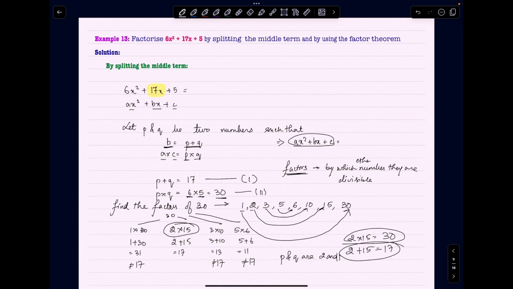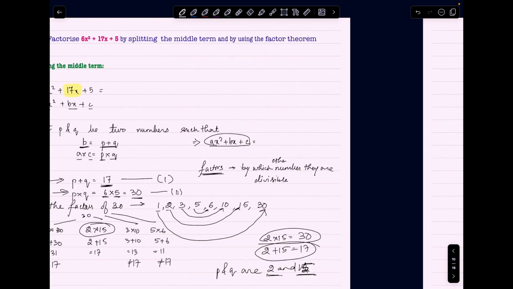So here, from here we can see P and Q are what? P and Q are 2 and 15, sorry. This equation is getting satisfied, and this equation is also getting satisfied. So we got the values 2 and 15. We have to split 17 into 2 and 15.